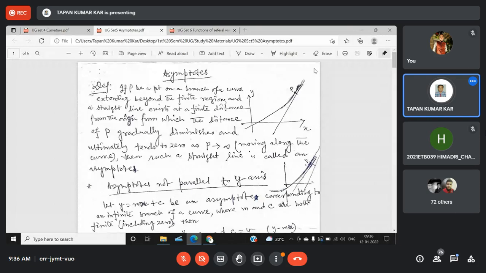Now, if the distance between the curve and the straight line gradually diminishes as P moves along the curve, and as P tends to infinity, very far away, the distance ultimately tends to zero, then such a straight line is called the asymptote of the curve.